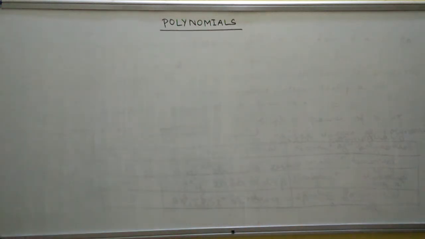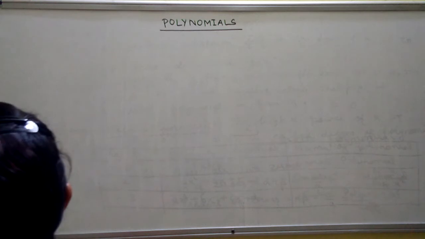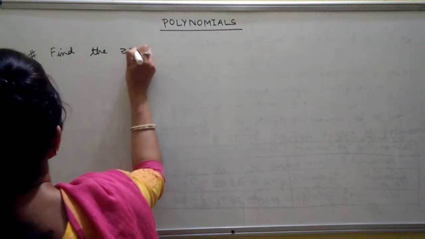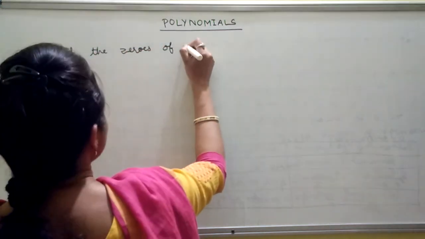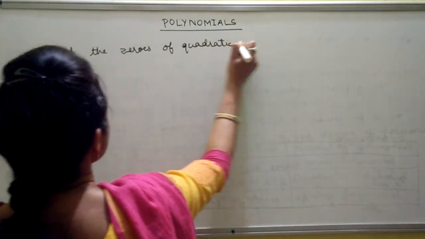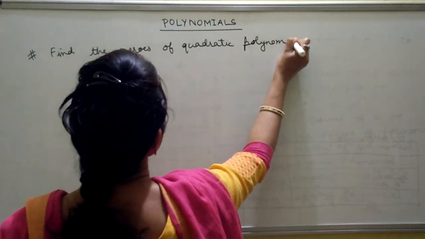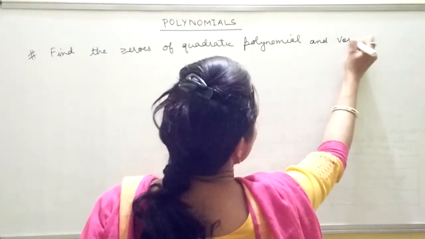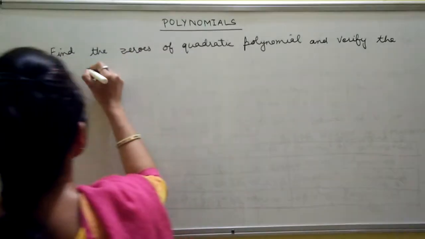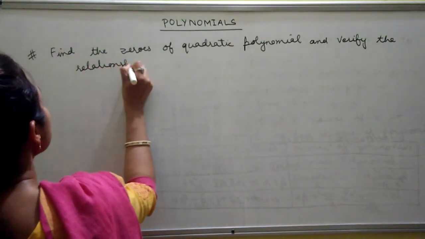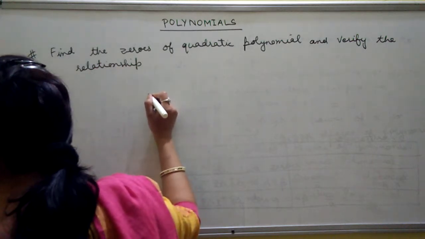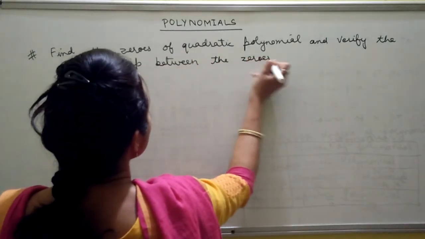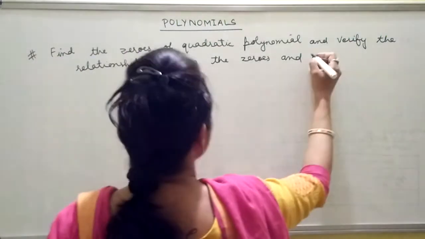The question is, find the zeros of the quadratic polynomial and verify the relationship between the zeros and the coefficients.